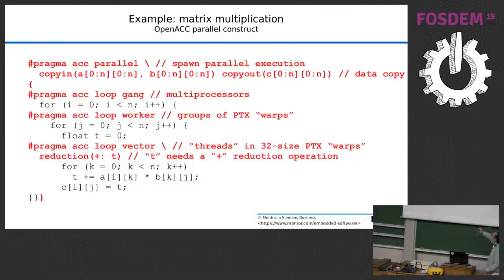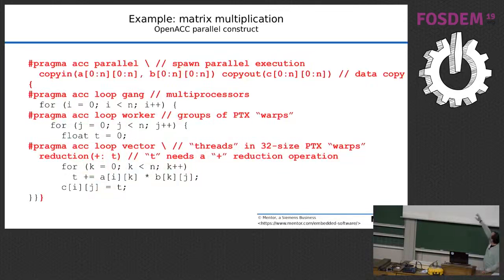Just going over this briefly, you start with pragma acc parallel, which says that the following region, a structured block in C, C++, is to be offloaded to some accelerator, and something is to be run in parallel in there. And then you have these three pragma acc loop directives nested inside each other according to the for loops that you have. That's because in OpenACC you have several levels of parallelism which map to the several building blocks in the GPU architecture.